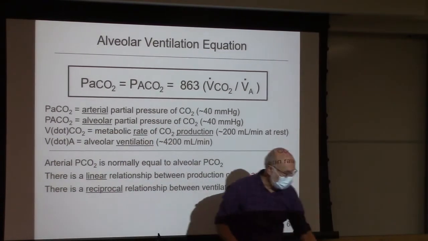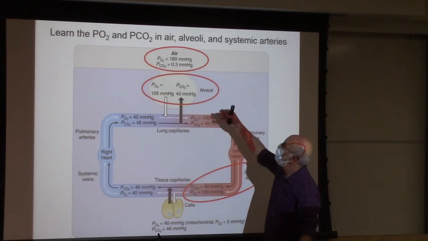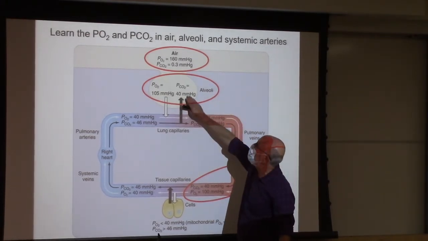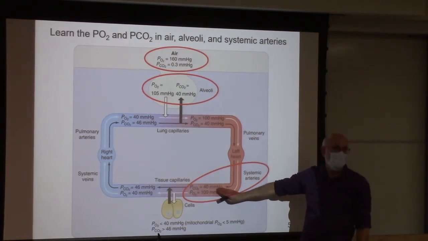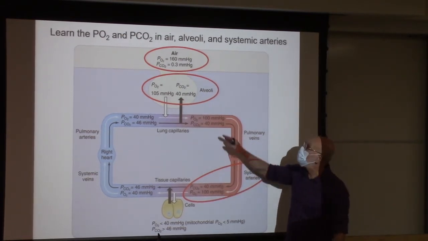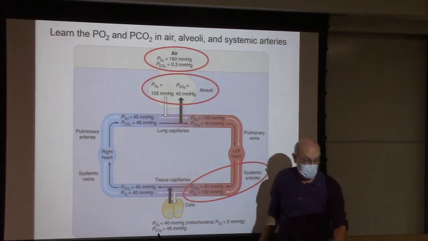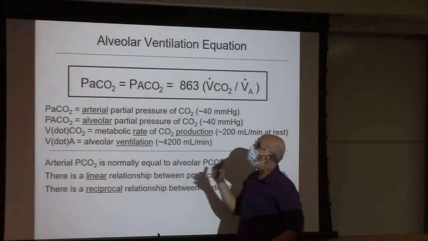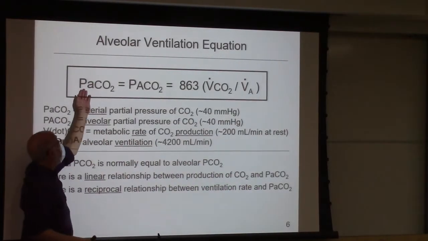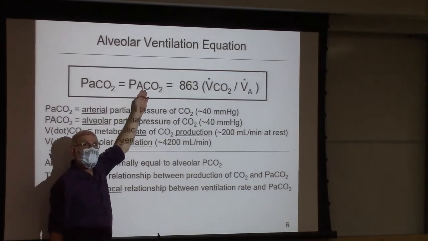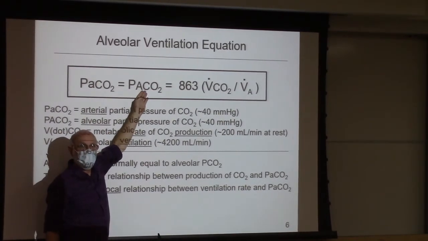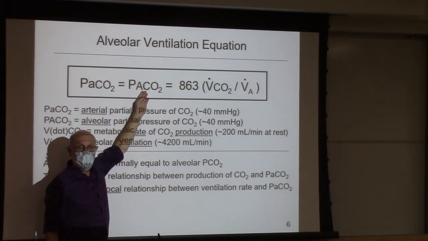That's what we see here. Partial pressure of alveolar CO2 is equal to the partial pressure of arterial CO2 because this equilibration is so efficient. So in general, the partial pressure of arterial CO2 is equal to the partial pressure of alveolar CO2 because of efficient gas exchange.